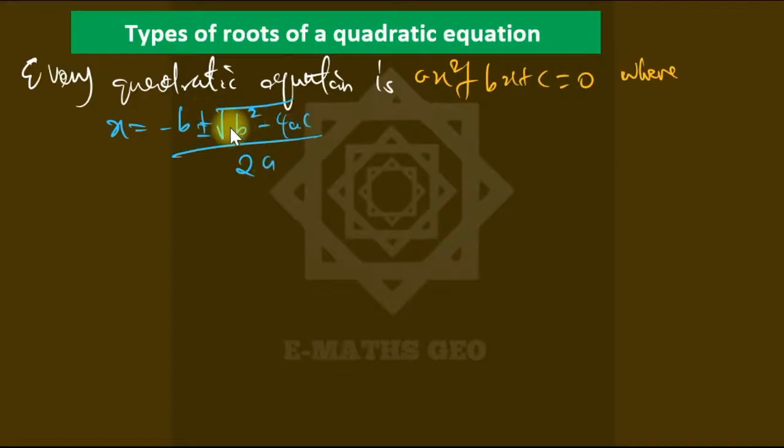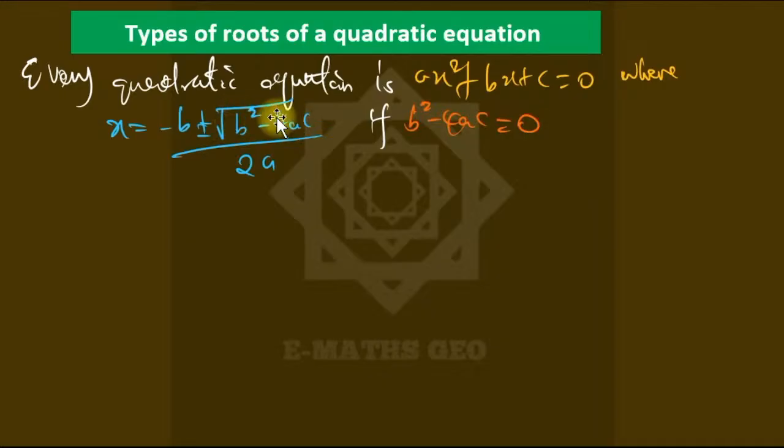So this determines the type of the roots that will be formed. If you check this, if b squared minus 4ac is 0, if this expression is 0, you notice that the answer will have only one answer.